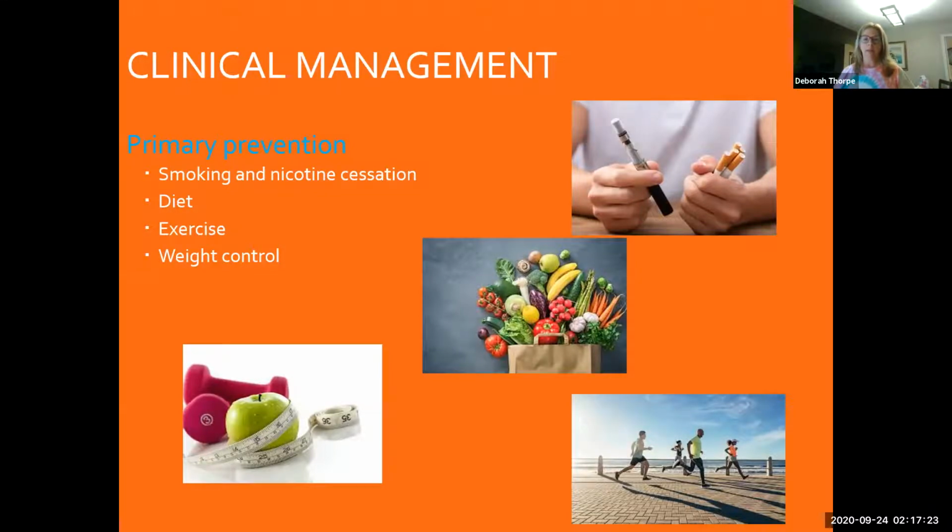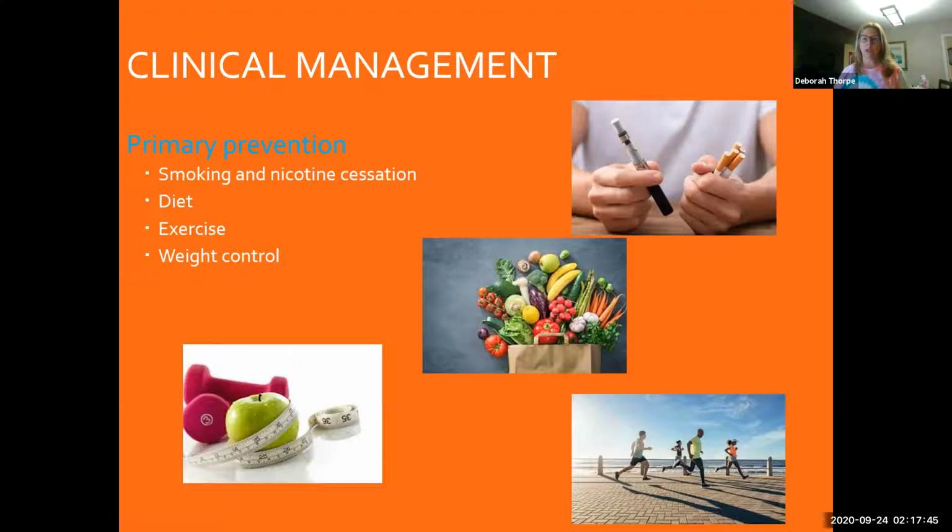You want them to reduce their sodium intake, actually less than 1,500 milligrams a day. Reduce saturated and trans fat to less than 10% of their calories, and participate in physical activities. So adults older than 20 years of age, at least 150 minutes per week.